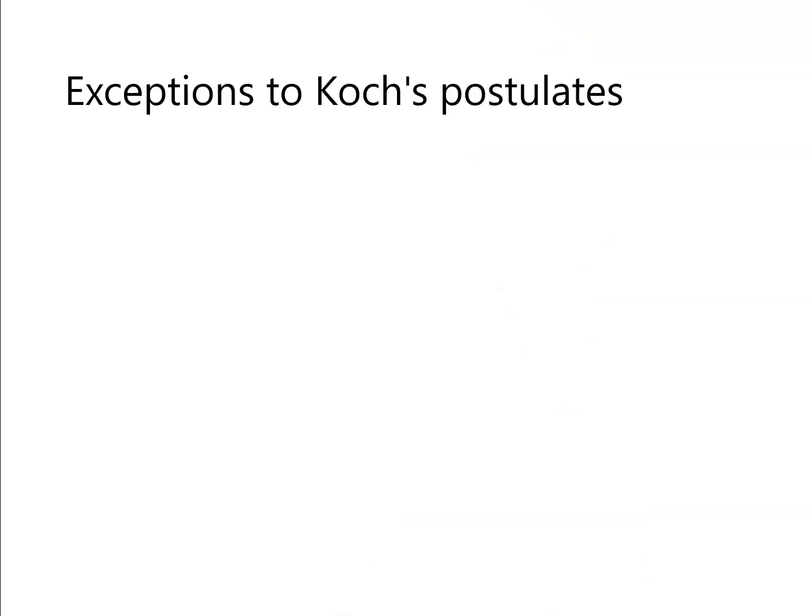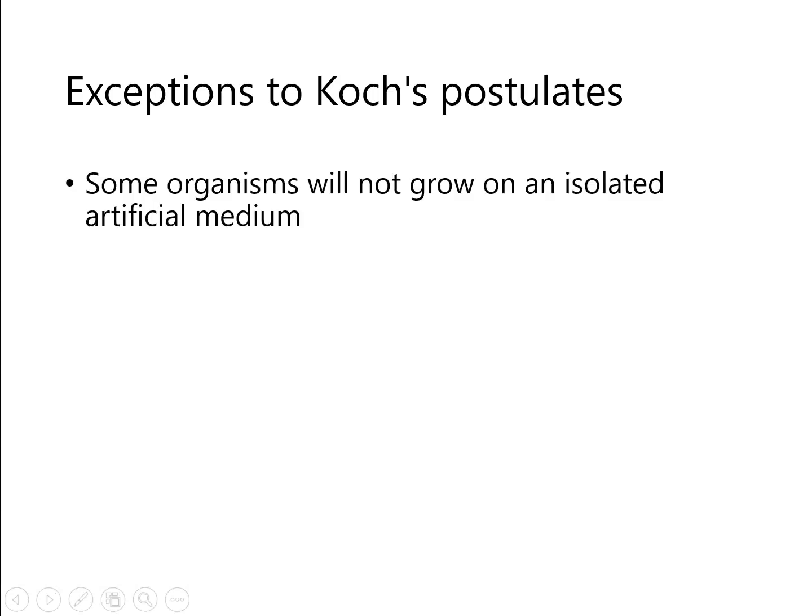When we do that, we can stop asking the question, what causes this disease, and start fighting against it. What slows us down is situations where Koch's postulates don't work, and we can look at each step and see what can happen. In the very first one, step 2, some organisms just won't grow. You can't grow everything in a laboratory.